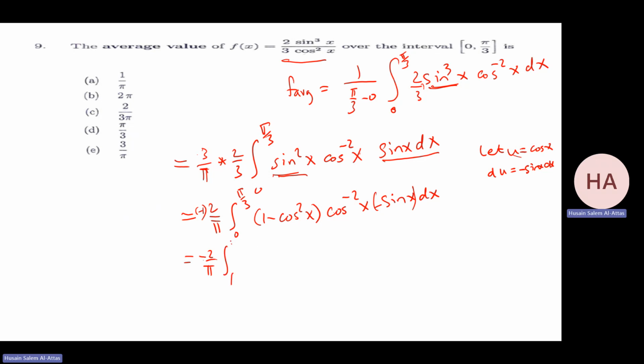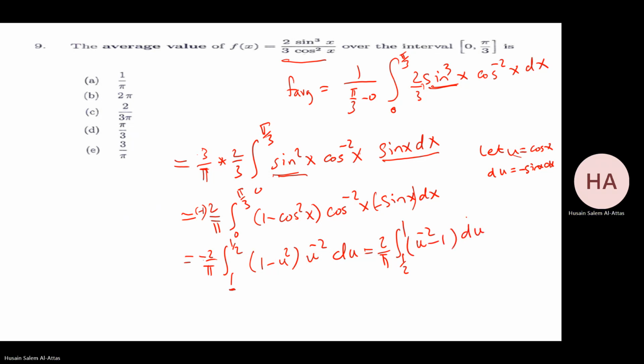Cosine pi over 3 is half. Okay. I have 1 minus u squared, u to the power minus 2, du. You can get rid of this. I changed it with the minus. So that will be 2 over pi half to 1 of what? u to the power minus 2 minus 1 du.